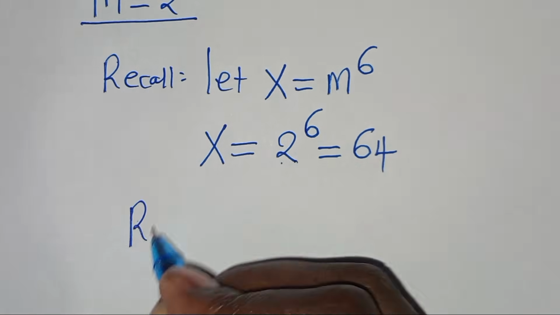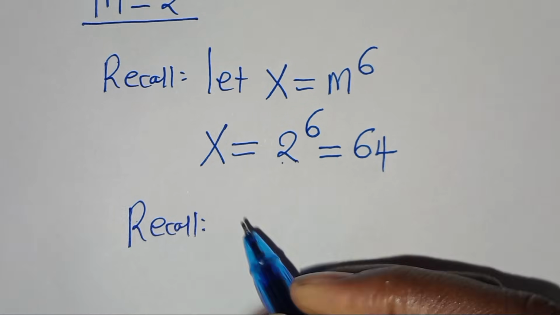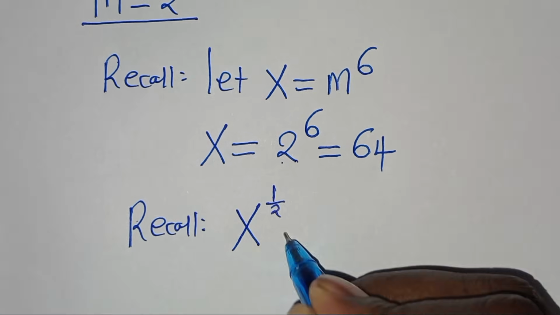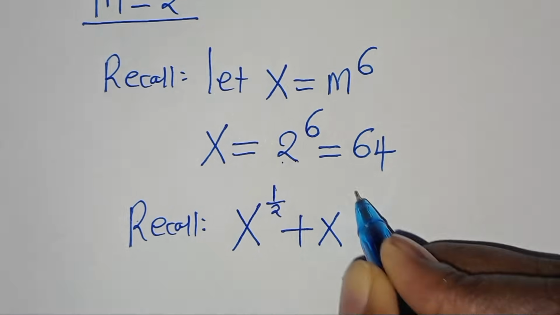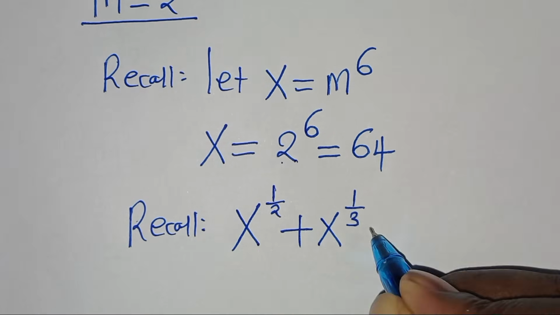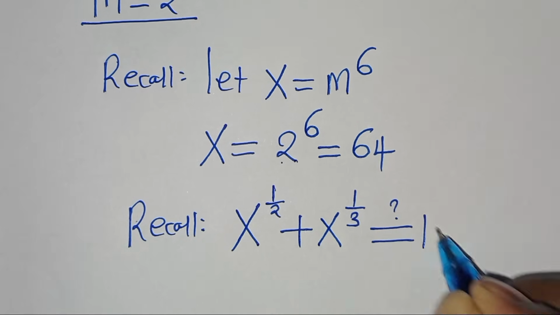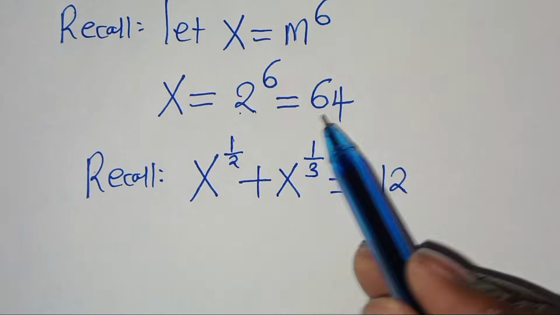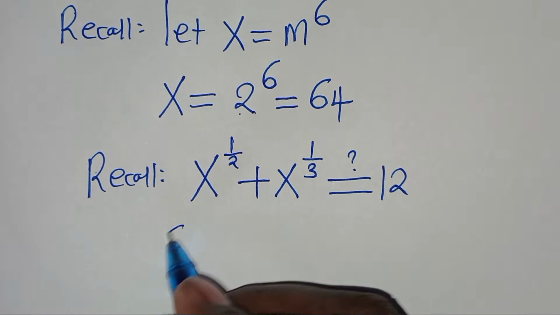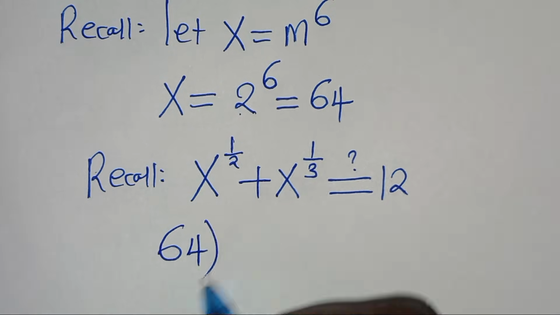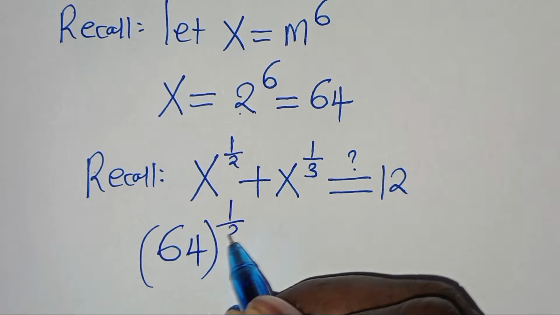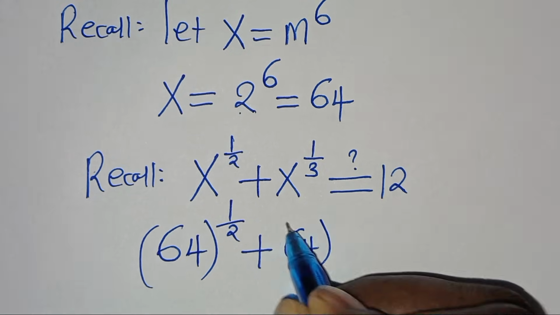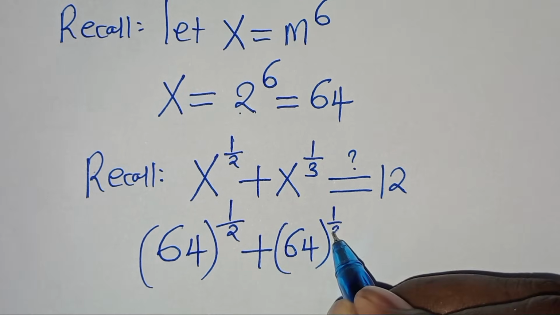And if you recall, we have the equation as x to the power of a half plus x to the power of 1 over 3. This is supposed to give us a value of 12. So let's verify that this value of x satisfies the equation. So we have 64 raised to the power of a half, then plus 64 raised to the power of 1 over 3.